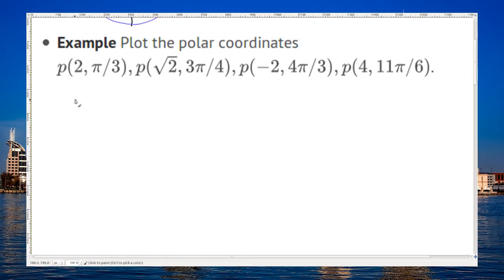So this first one right here, this is my r and this is my theta. And that would equal the xy coordinate: we'll take r cosine of theta, and we'll take r sine of theta.